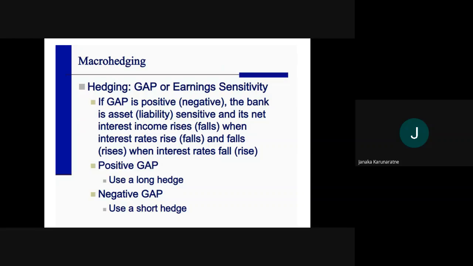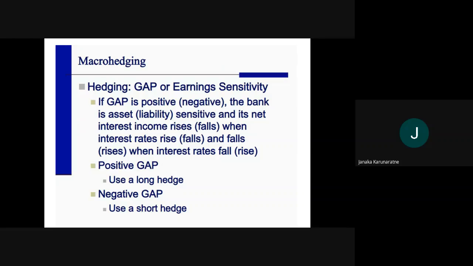When the bank is asset sensitive, its net interest income rises when interest rates rise, and when interest rates fall, net interest income also falls. Remember, when we discussed the rate sensitive gap, the gap equals RSA minus RSL times the change in interest rate.